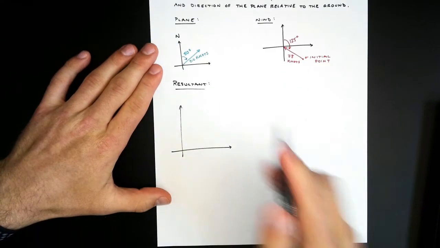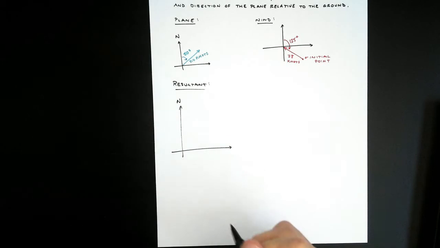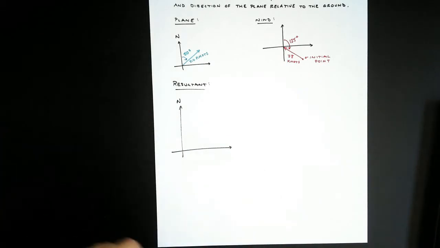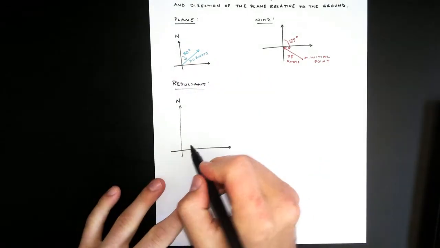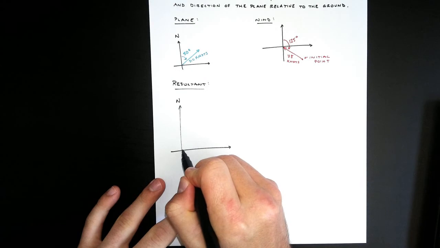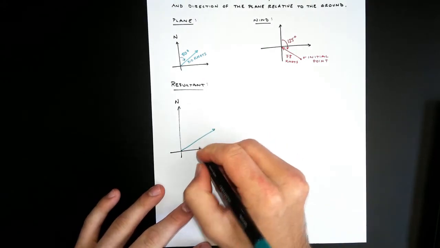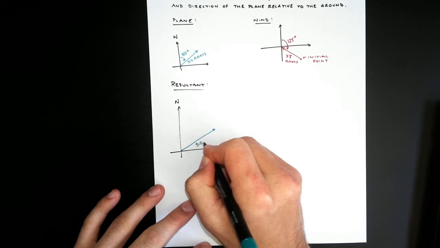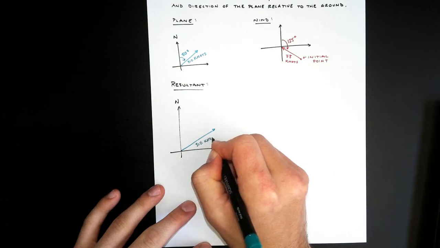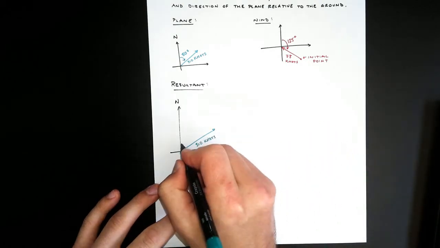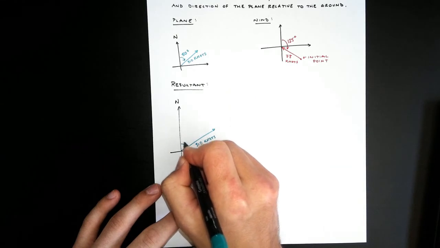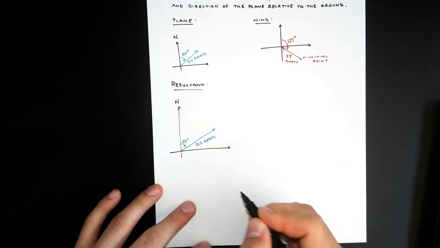All right, so again, here's north, and then let's start with the plane vector. So then we'll just copy this. Starting at the origin, pointing about here. So this had a length of 310 knots. And this angle we know was 50 degrees.